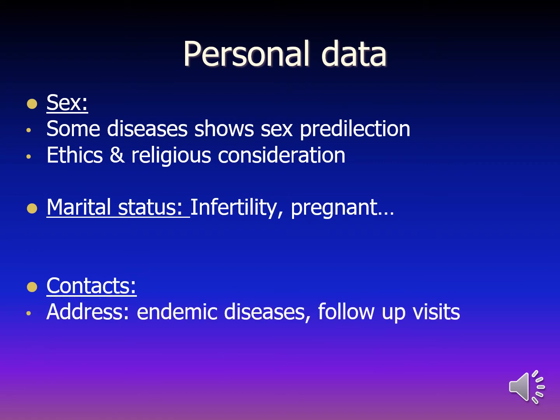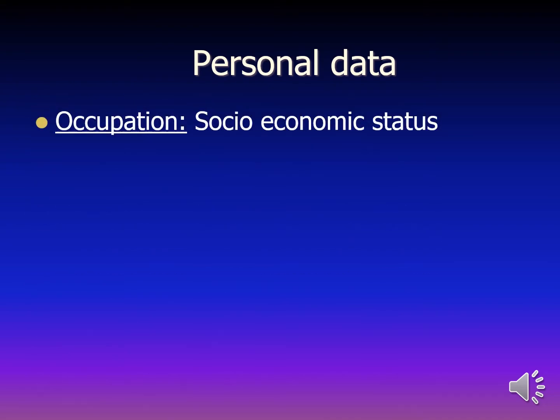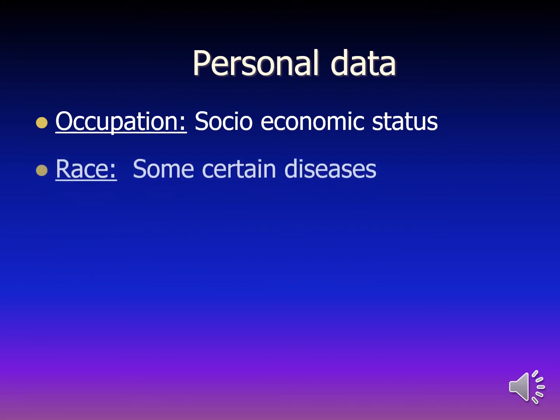Contact address: some endemic diseases are common in some endemic areas inhabited by some people, and the phone is the best way to communicate now, as a mobile number. Nearest kin is very important, especially if the patient is undergoing an operation. Occupation gives you an idea about socioeconomic status.